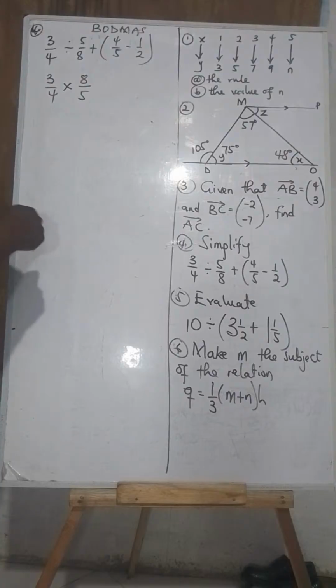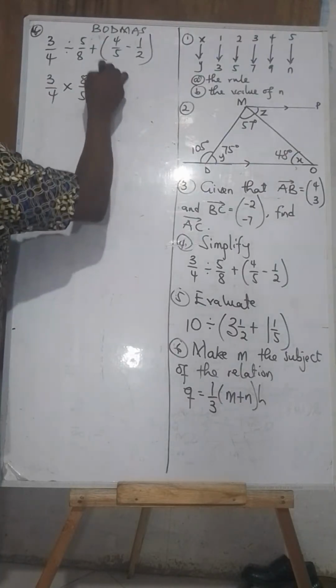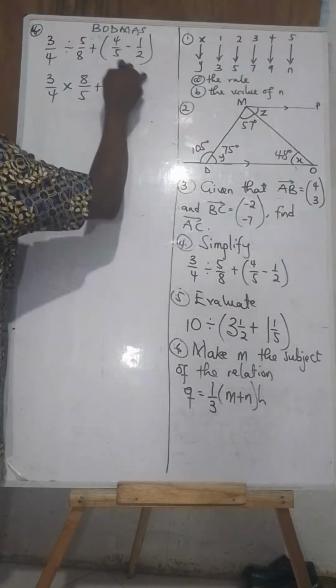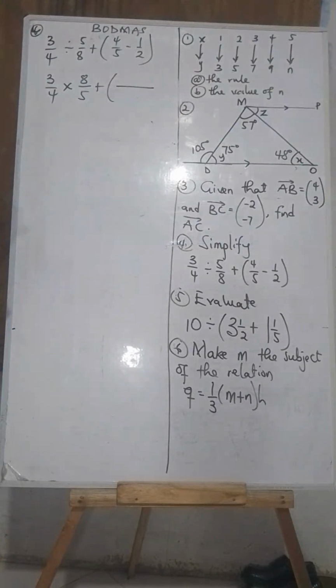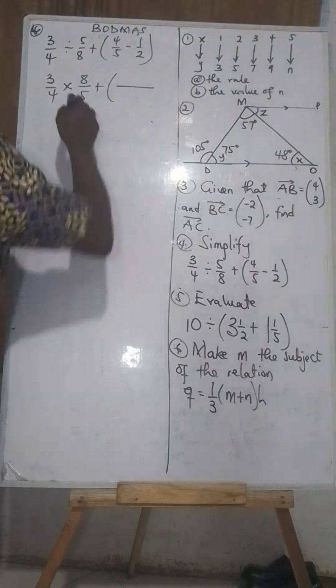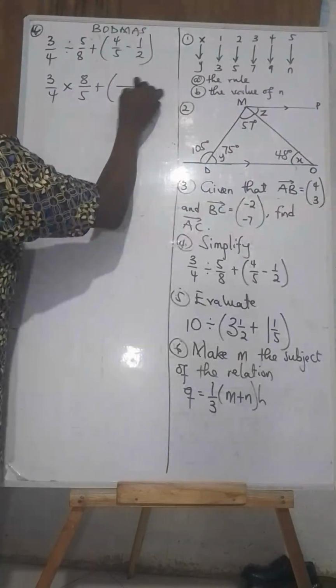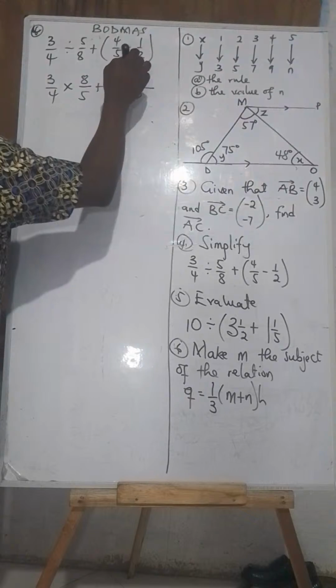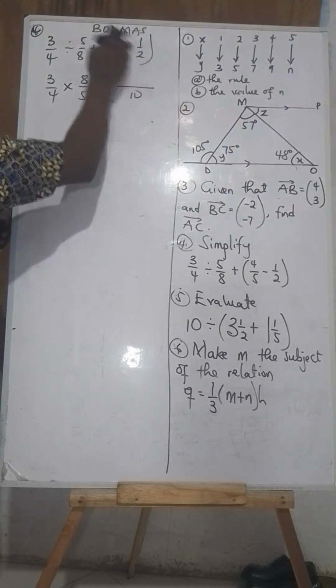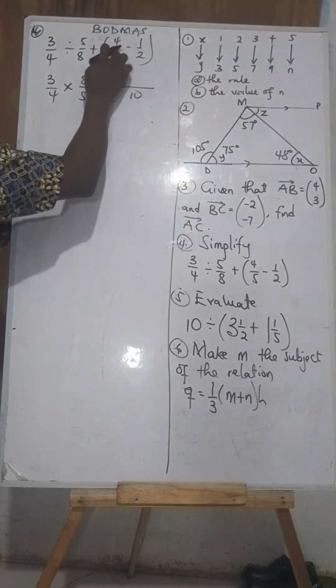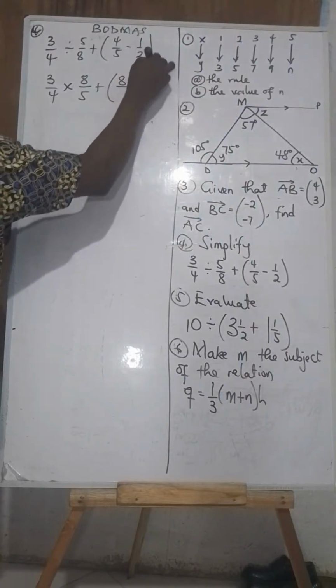So plus you have this one, you find the LCM, or you can use the cross multiplication method. So this will give us 10. 2 by 5 is 10. Then we have 2 by 4, that will give us 8. 5 by 1 is 5.